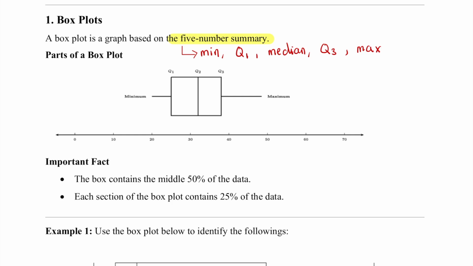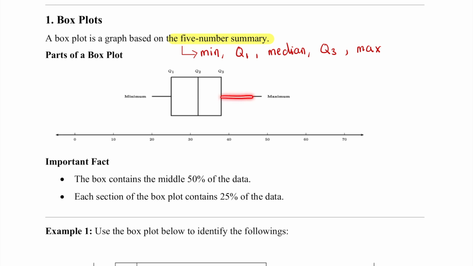Let's think about that. From the minimum to Q1 contains 25%. From Q1 to Q2 contains another 25%. From Q2 to Q3 contains another 25%.